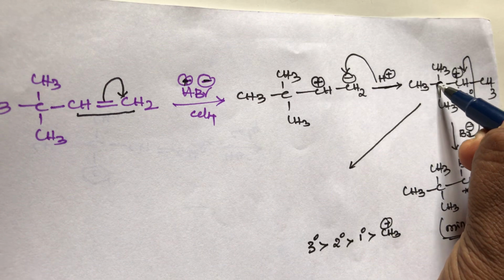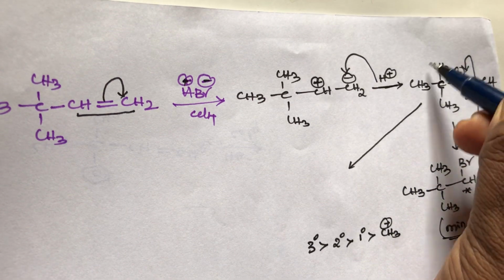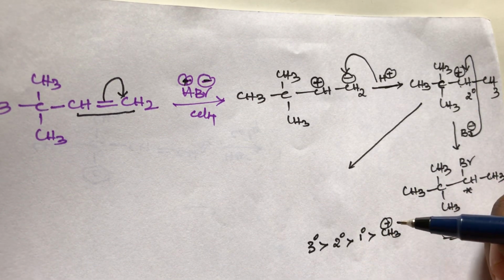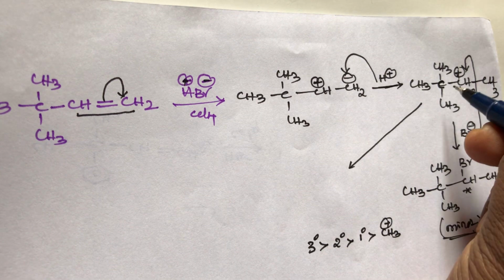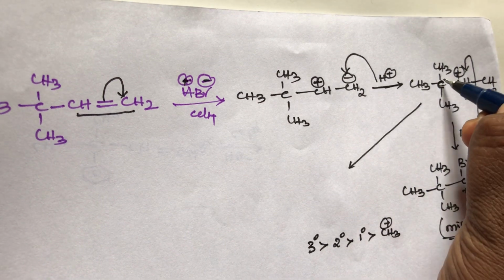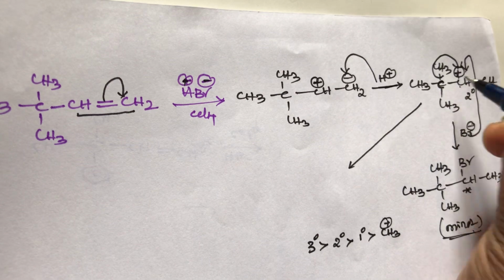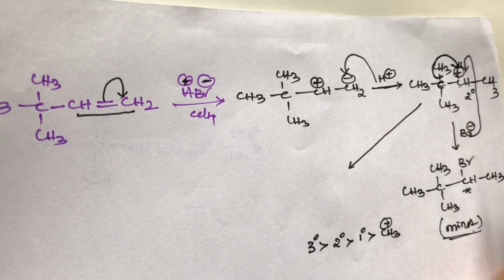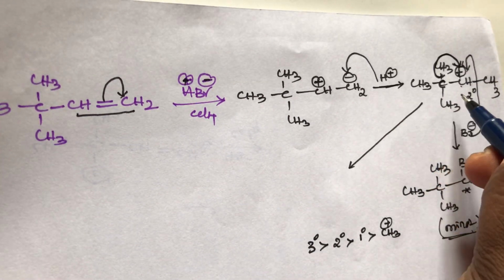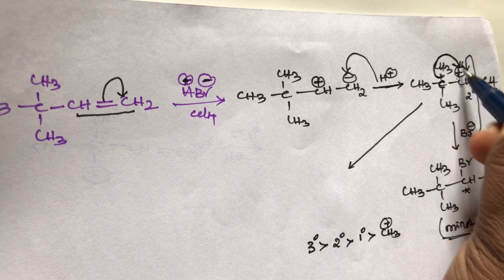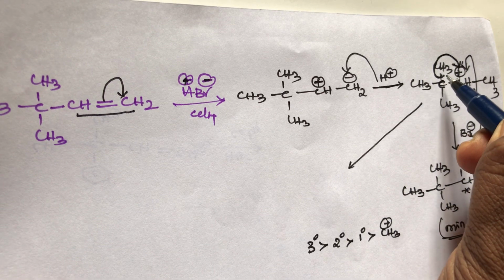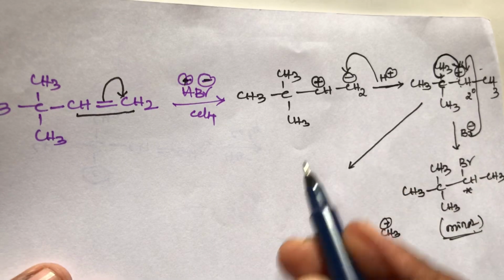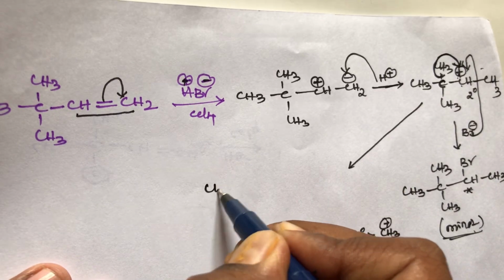Beside this carbon there are 3 methyl groups. Out of these three, any one methyl group will shift towards the right hand side. So this positive charge shifts towards the left hand side, and this methyl group shifts towards the right hand side. What is the intermediate product, student?